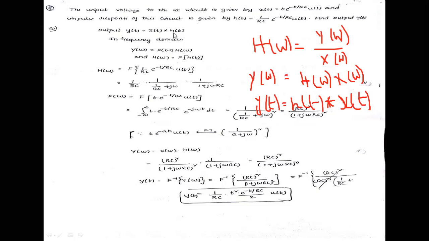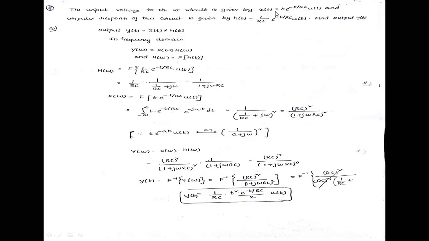Following, my dear students, let us see how to solve this example. x(t) is t e^(-t/RC) u(t), and h(t) is (1/RC) e^(-t/RC) u(t).